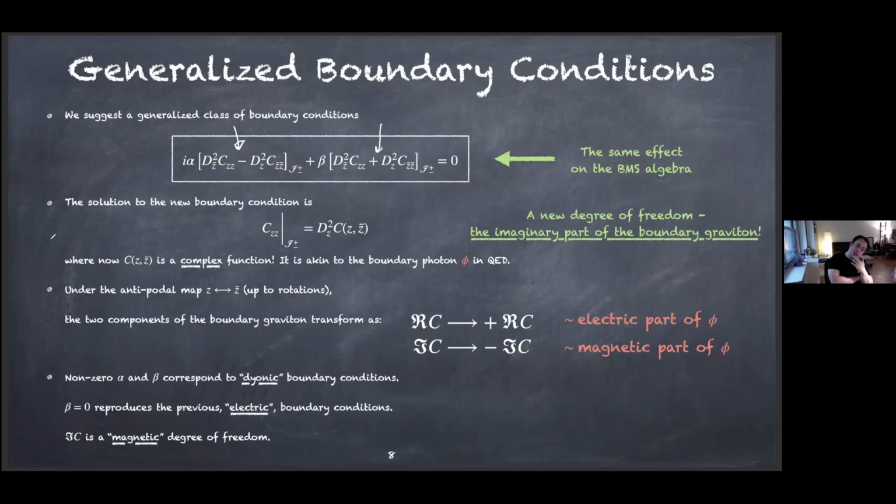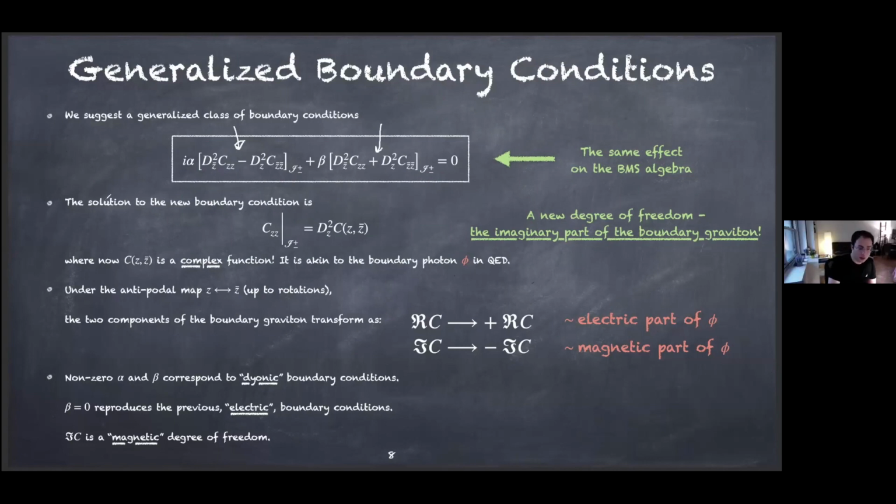It enlarges the boundary degrees of freedom, the soft degrees of freedom. It introduces a new soft degree of freedom, which is the imaginary part of the boundary graviton. I will discuss it in more detail. But isn't it true that if I just substitute this solution into your constraint equation, you'll just get the imaginary part of C?